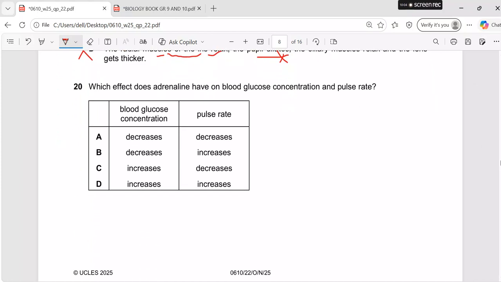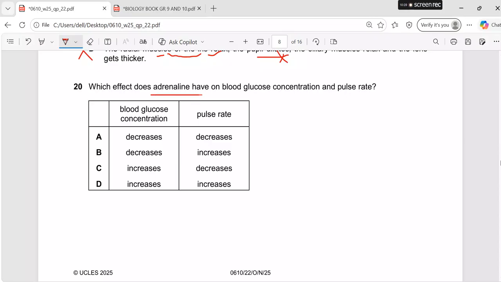Question number 20 says, which effect does adrenaline have on blood glucose concentration and pulse rate? Adrenaline, the hormone called the fight and flight hormone, is secreted when you are in a stressful situation.